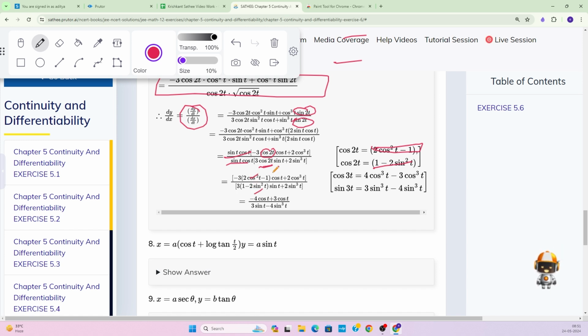Now, taking things arranged, what will I get?